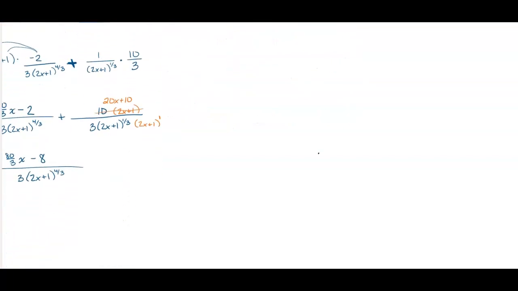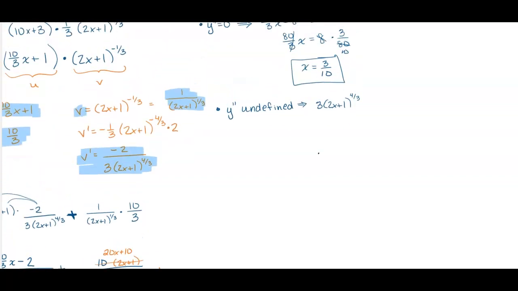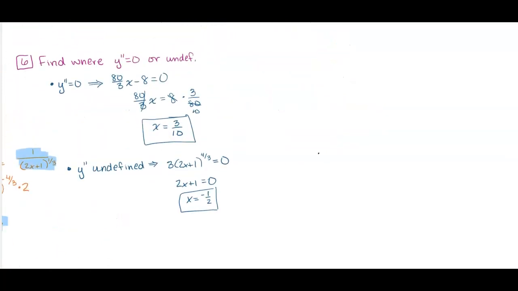Did I copy that right? Yeah. Okay. This has to be equal to 0, which basically just means 2x plus 1 has to be equal to 0, which means x is negative 1/2. All right. Those are the 2 points that are going to go on my sign chart in my next step.